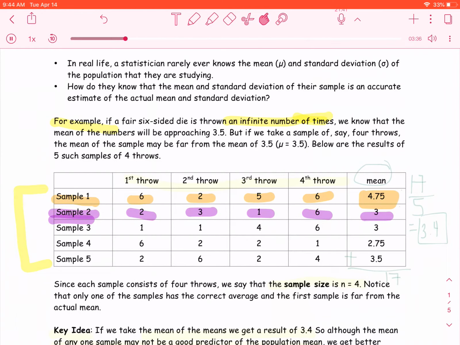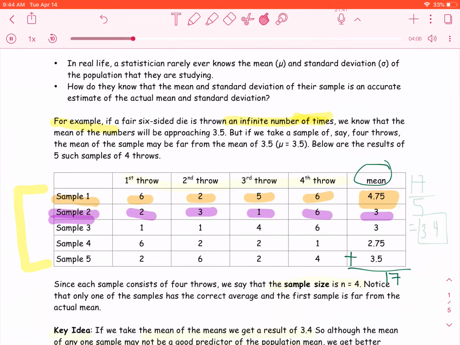We actually have all the means already calculated for you, as you can see in the last column. If you wanted to figure out the average of your means, or the mean of the means, you would take all of your mean values in the last column and add them up. So 4.75 plus 3 plus 3 plus 2.75 plus 3.5, and you should get 17.